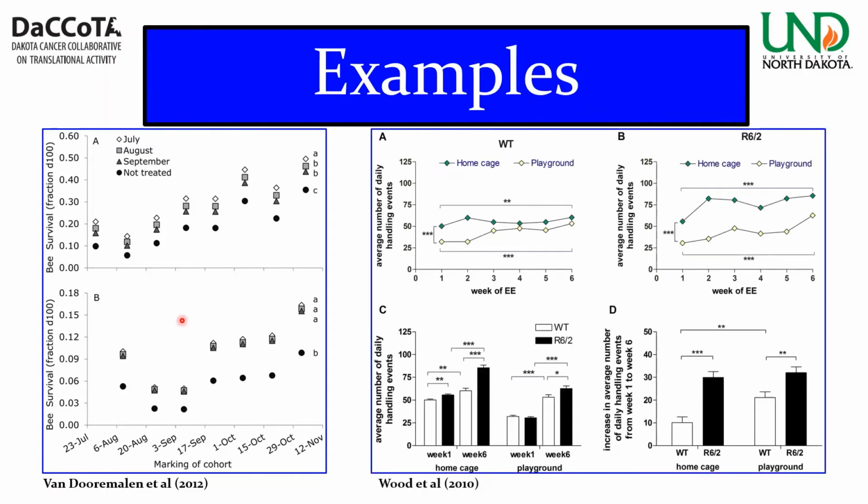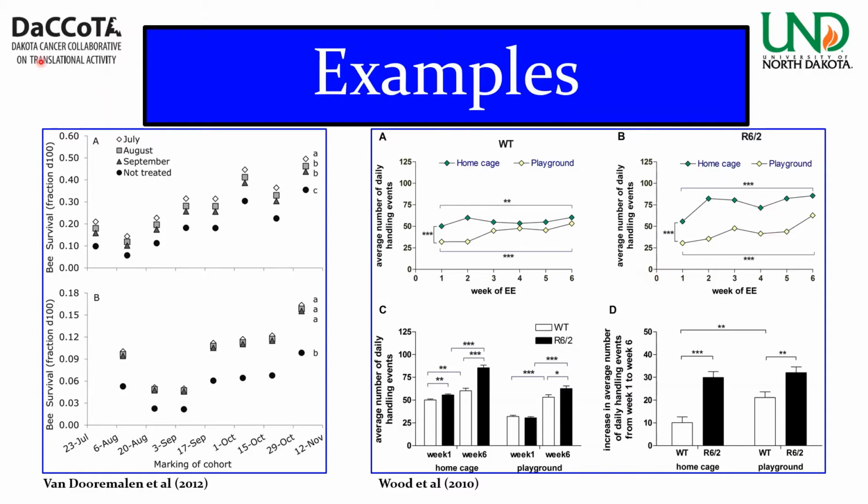Okay, as in another example from Woods et al., we see mouse handling events on the y-axis across weeks, the x-axis, for location, so home cage or playground, and genotype.